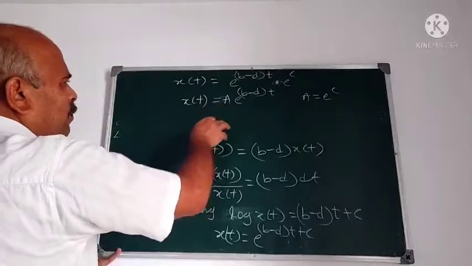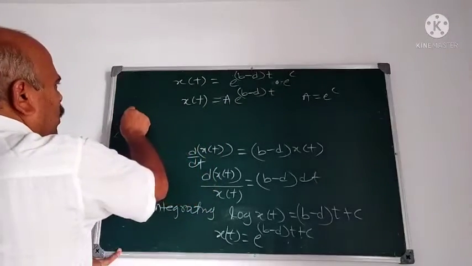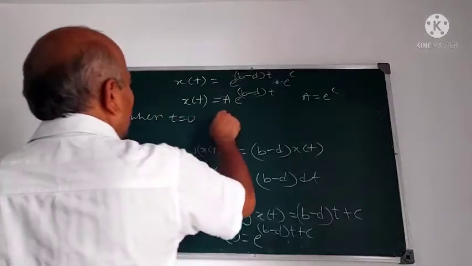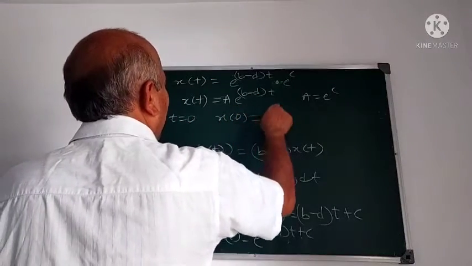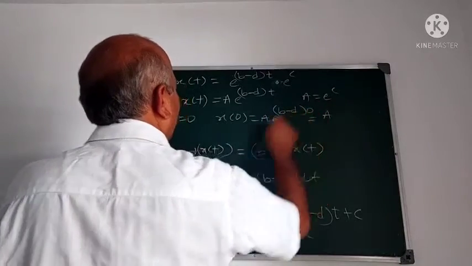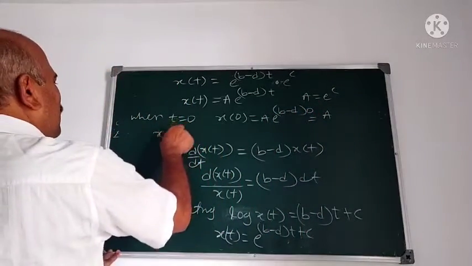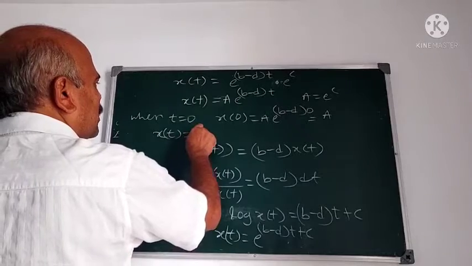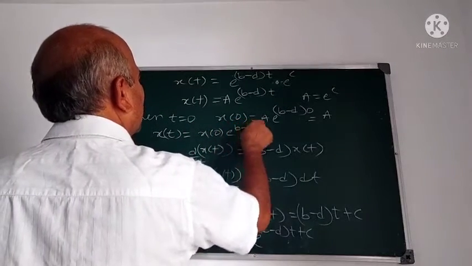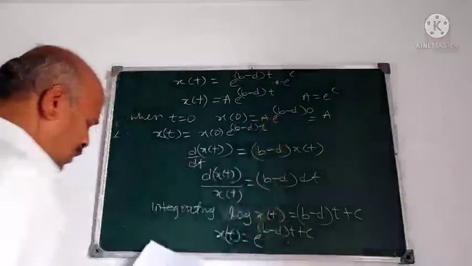And what is a? We find out a. For that, initially when t is 0, x is x0, which is a e raised to (b minus d) into 0, therefore a. So x(t) is x0 e raised to (b minus d) into t.